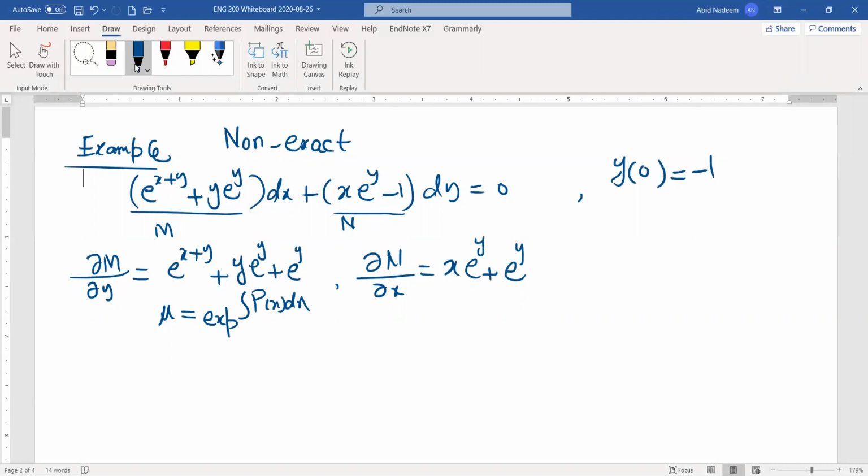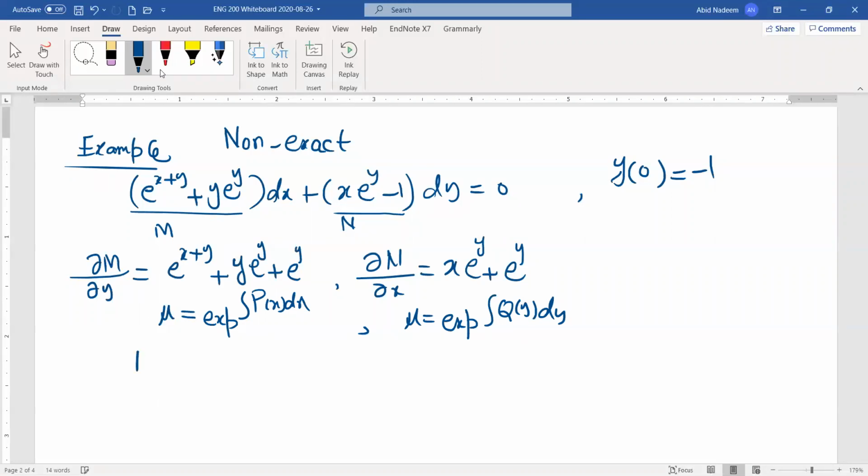And what is this p function? That I will explain later. This is one approach. Or if it does not work, then we can take another approach, the exponent of a function q into dy. So q in this case will be a function in y. So we can find it either way.